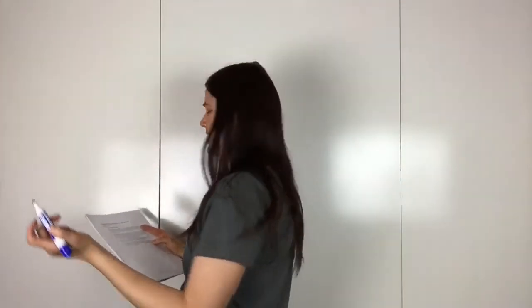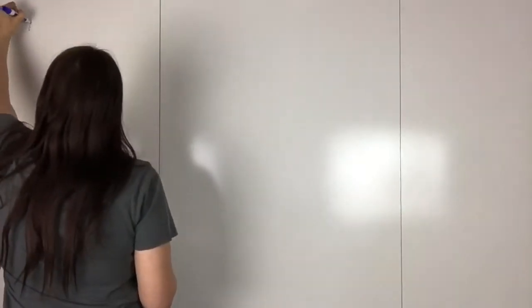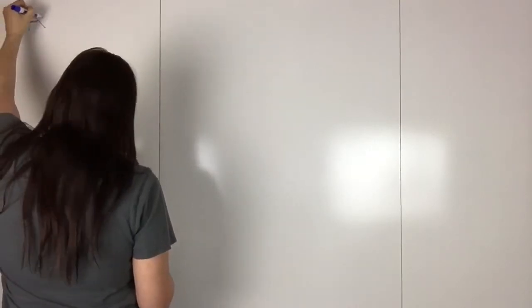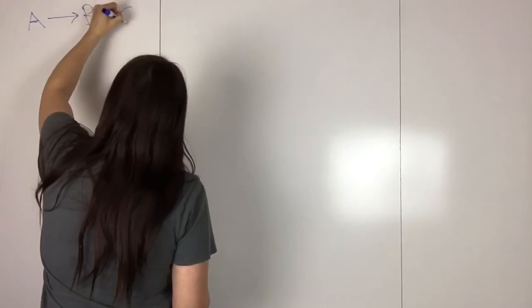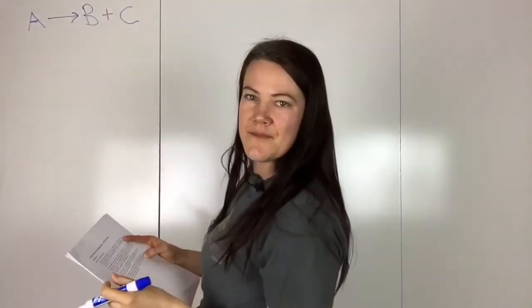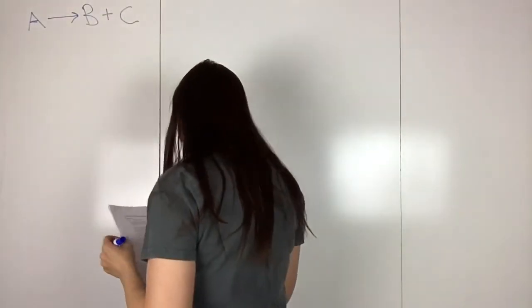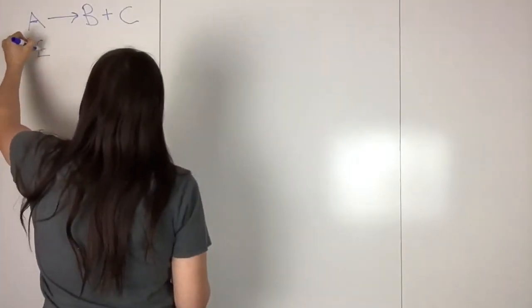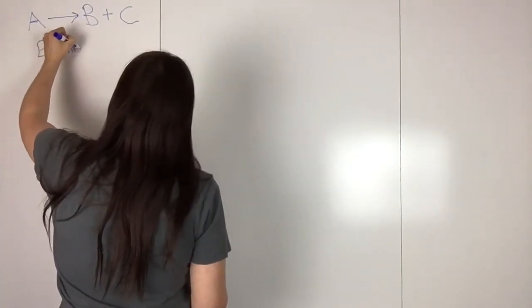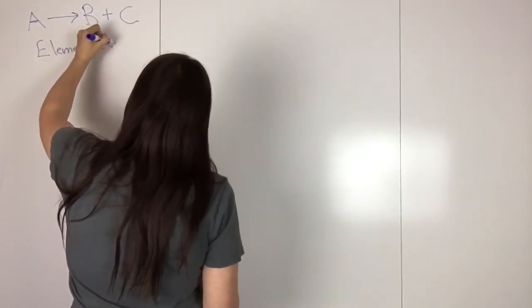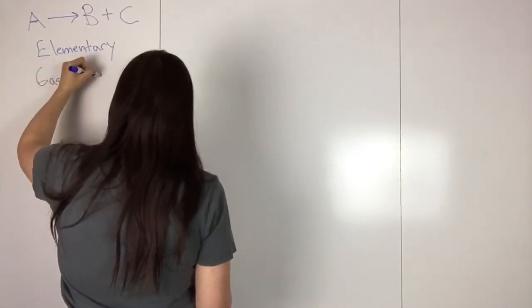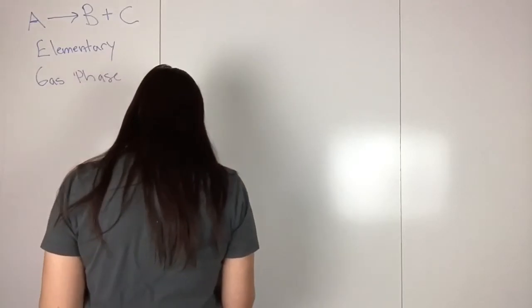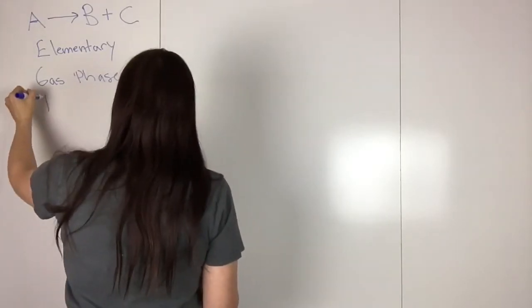So I'll just start writing some of that down. You have a reaction that looks like this: A to B plus C. You know it's elementary. It's gas phase. It's in a PFR.